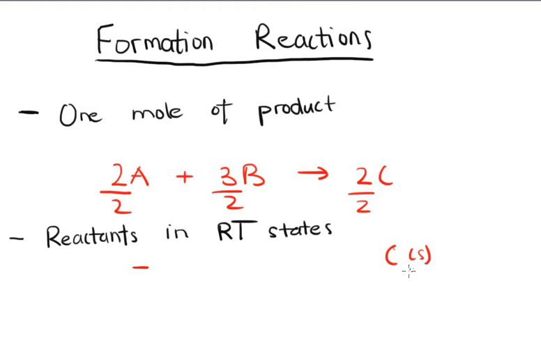In room temperature, it's solid. This can either be in terms of phase, like solid, liquid, gas, or it can also be in terms of whether it's diatomic or not. Also, like I said before, these reactants have to be elements. If they are molecules or compounds, then it's completely wrong.